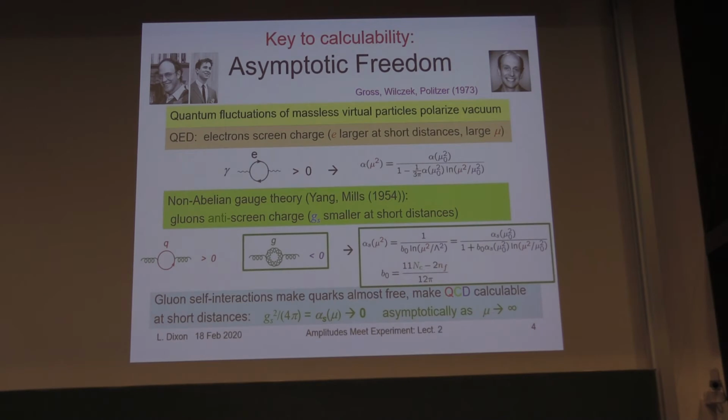Now, the reason why we can make any progress at all is because at least that short distance part is done in a region where the strong coupling is small. And this is all thanks to asymptotic freedom. As you know from your QFT courses, in QED, the electrons screen the electric charge. This vacuum polarization diagram has an ultraviolet divergence.